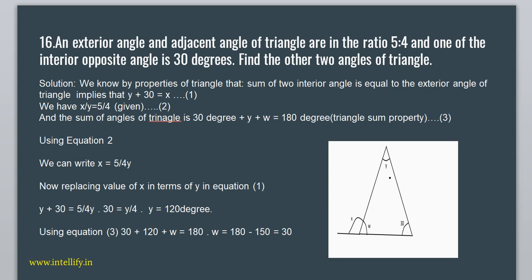We have got one of the two angles of the triangle which we needed to find. Now using y equals 120 degrees and putting this value in equation 3, we would get the value of w as 30 degrees. So we have found the two angles of the triangle, that is 120 and 30 degrees respectively.